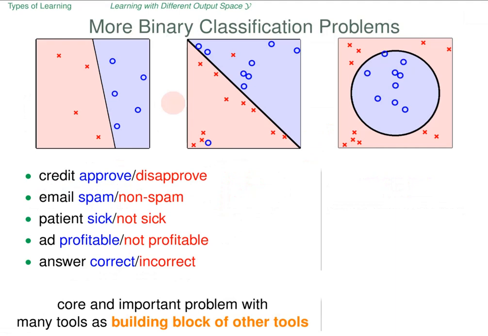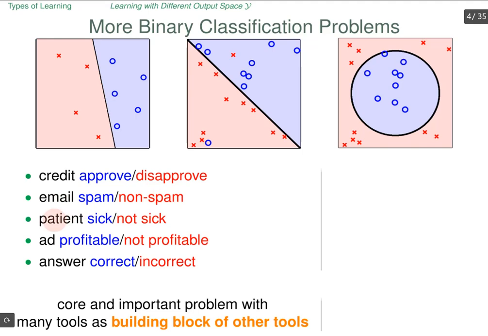Let's take a look at more binary classification problems. For instance, we have already seen the credit application approval or disapproval problem, right? The output involves binary outputs. Well, we may also have data corresponding to a bunch of emails, and our machine learning algorithm may be tasked to identify spam versus non-spam emails.